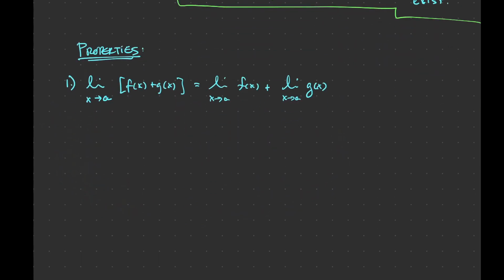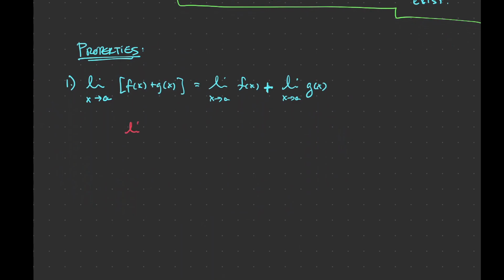The first one is what we call the sum property, which says if you have the limit of two functions inside that are being added, you can split that up into a sum of two limits. Okay, so you can break it over a sum. For a couple of these, maybe I'll give you a real example.